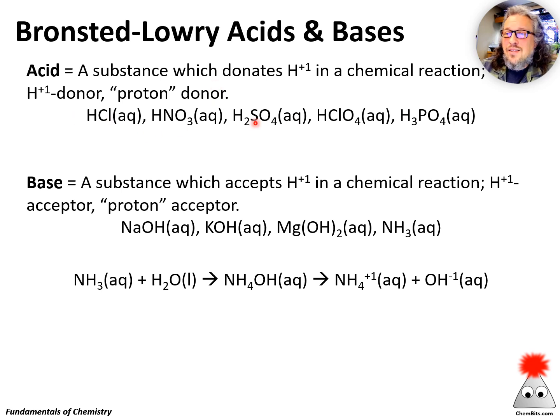So all of the acids that were acids in the Arrhenius definition are also acids in the Bronsted-Lowry definition. But a base in the Bronsted-Lowry definition is now a substance which accepts H+ in a chemical reaction. So it is an H+ acceptor, or a proton acceptor, if you prefer that terminology.